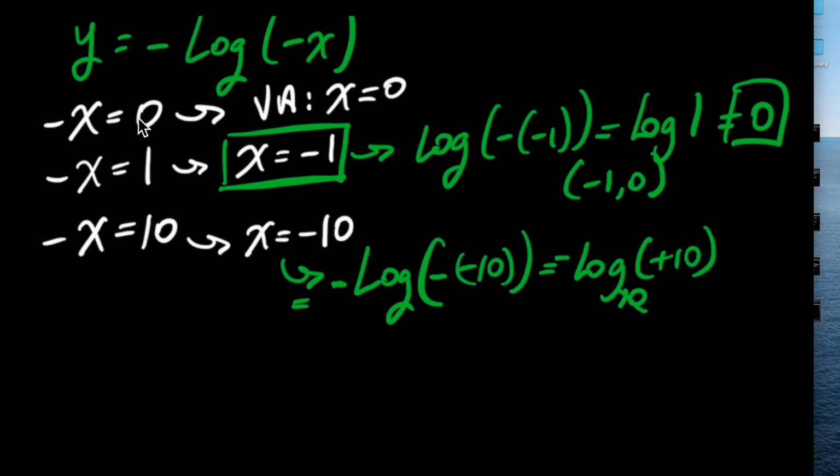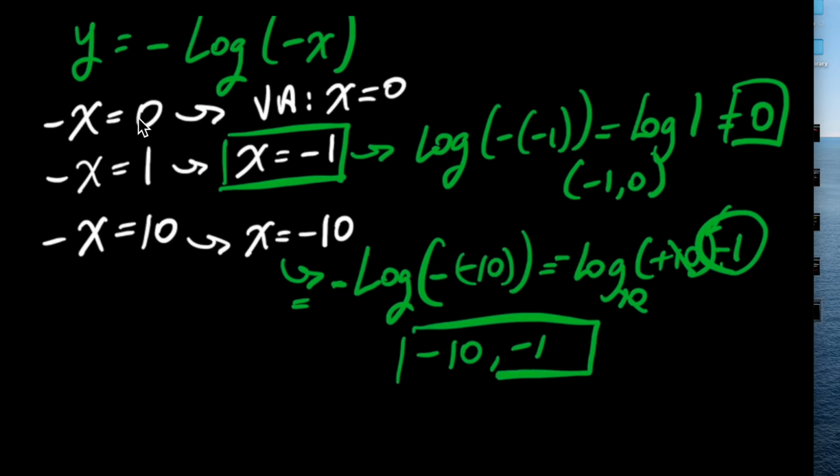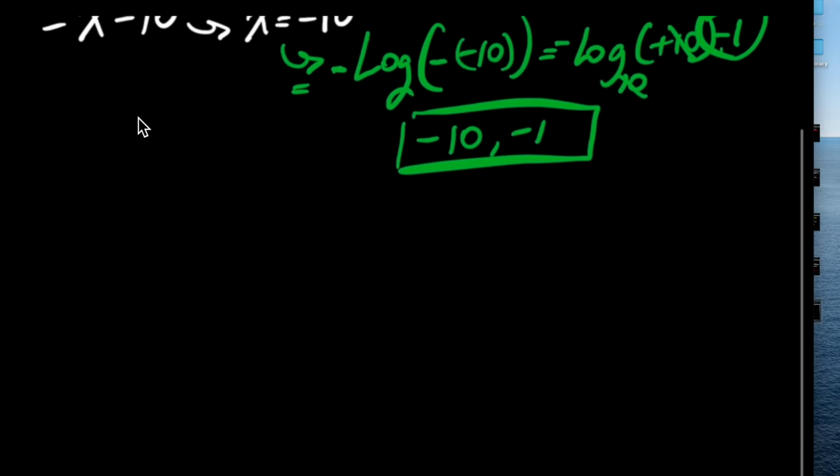When you have the base equal the argument, it becomes the exponent, which is 1, and the negative out front makes it a -1. So here our second point is going to be (-10, -1).